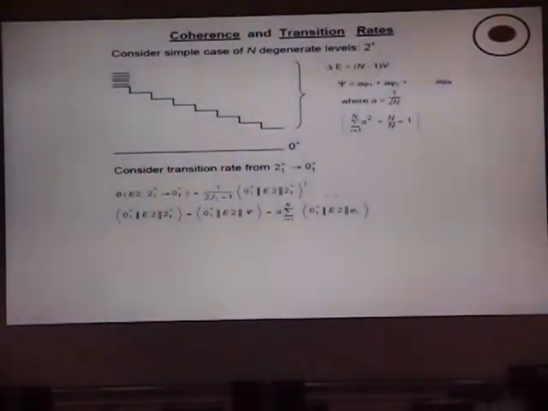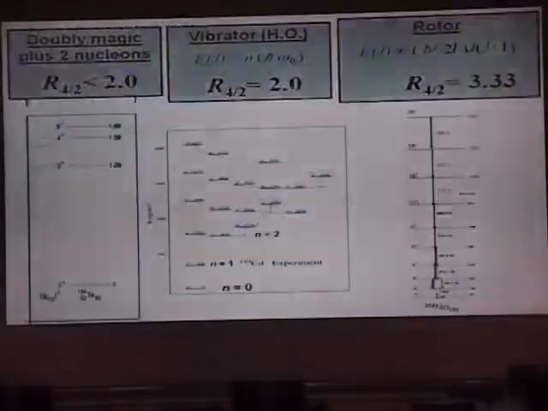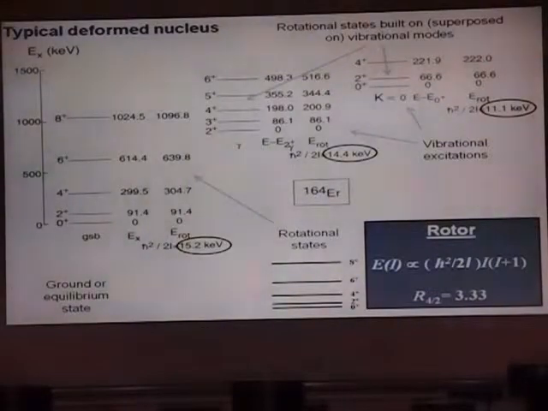If I go back 10 clicks to here, these vibrational modes are also collective. Their wave functions will have a number of components, so their BE2 values for the ground states, low-lying states, will also be enhanced.